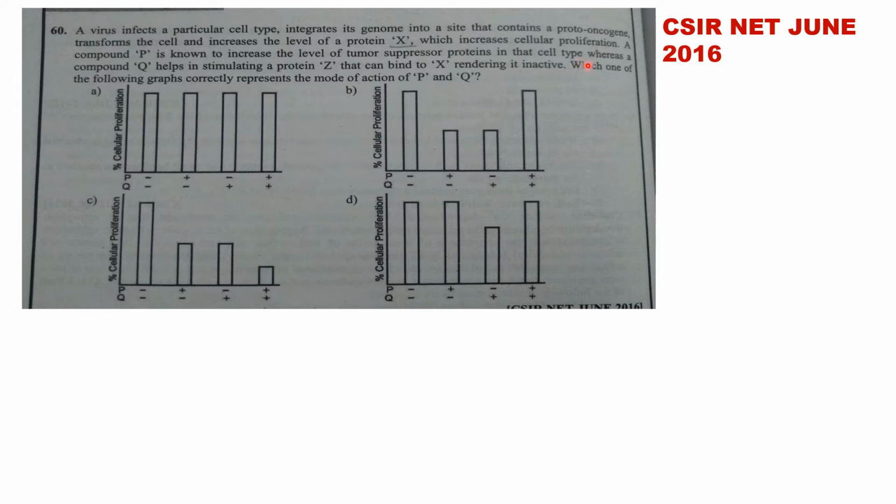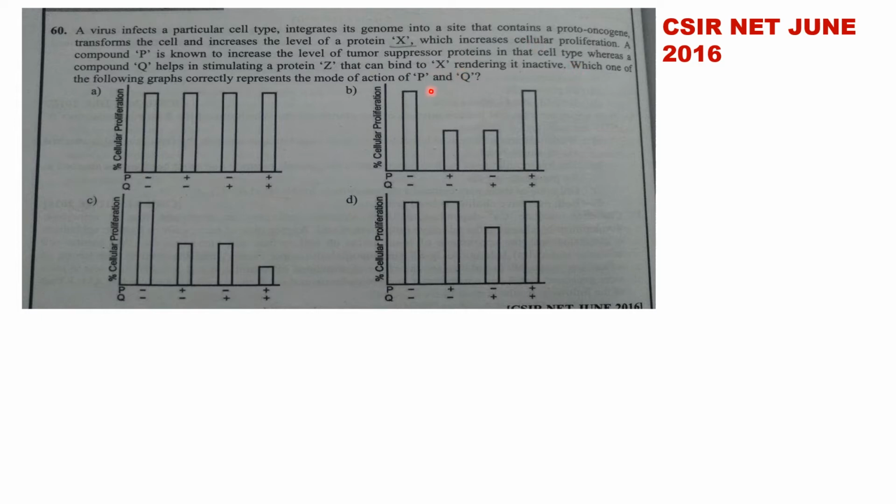Whereas a compound Q helps in stimulating a protein Z that can bind to X, rendering it inactive. That means here a compound Q will stimulate a protein Z. This Z protein will bind with X, and because of this binding, X will become inactive.